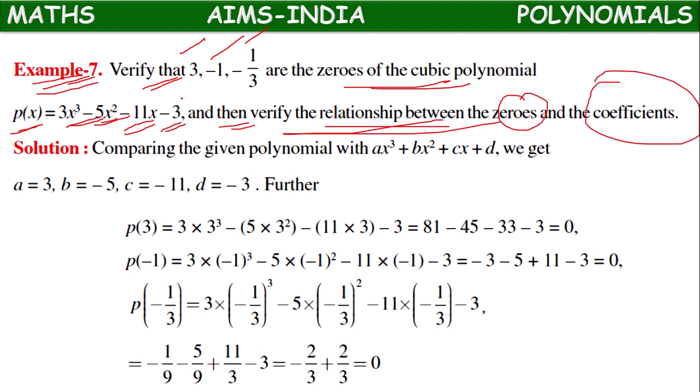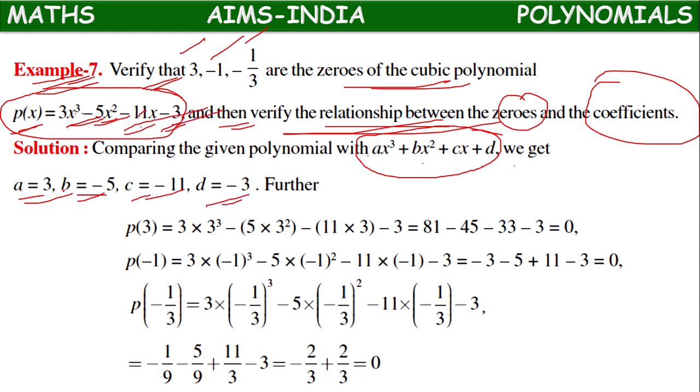So, if we compare the given cubic polynomial with the standard cubic polynomial, in the place of a we have 3, in the place of b we have minus 5, in the place of c we have minus 11, in the place of d we have minus 3. So we got a, b, c, d values by comparing the given cubic polynomial with the standard cubic polynomial.